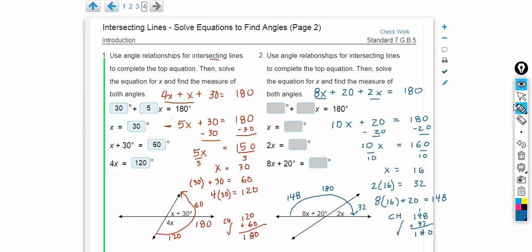That all checks out. So this was 20. This was 10x. X was 16. 2x was 32. And 8x plus 20 was 148.